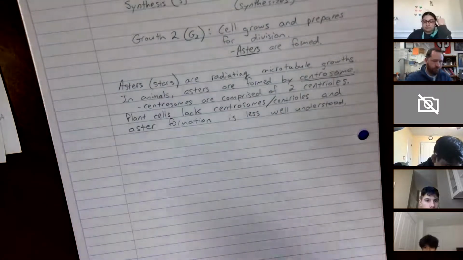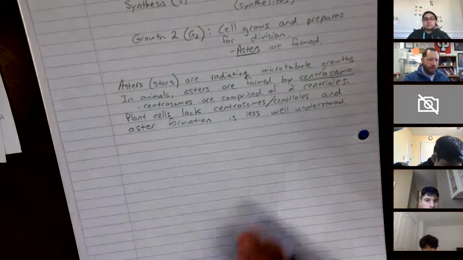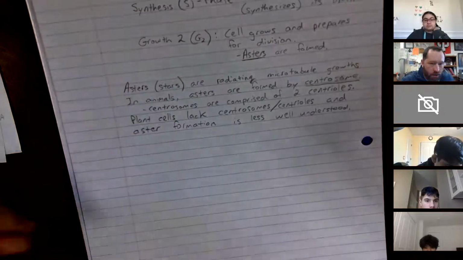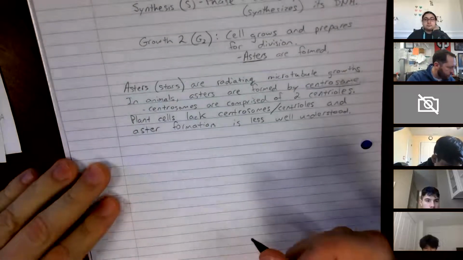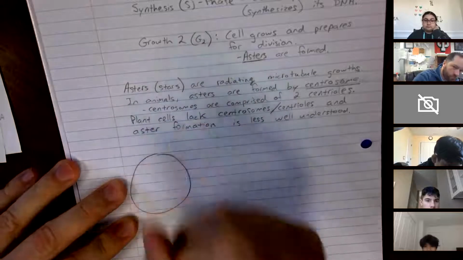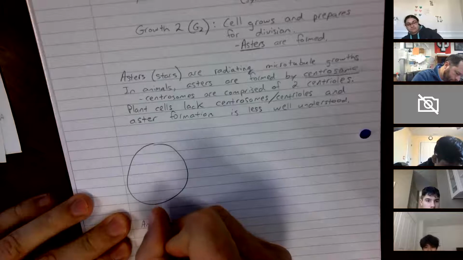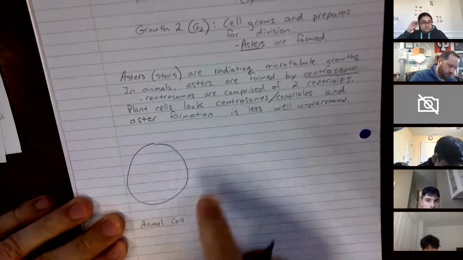Hey, that's a lot of terms. A lot of new terms for you. And I think a picture's worth 1,000 words. So let's take a look at a quick little diagram here. There's an animal cell.